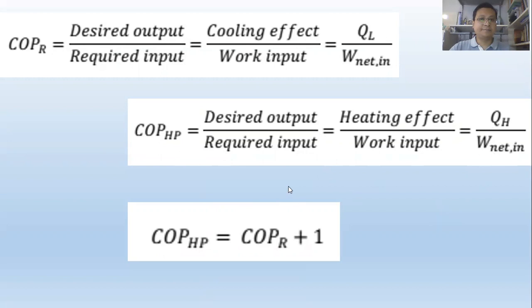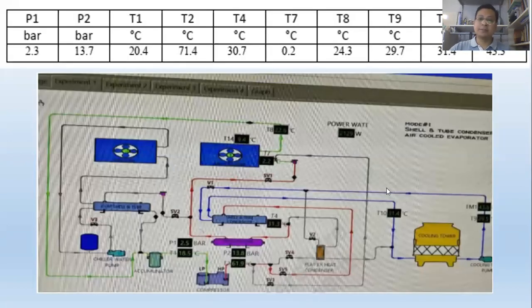Okay, in my mind, I would like to explain how to get the data from the experiment in the fifth laboratory work. As we know, we run the experiment and then we collect the data.